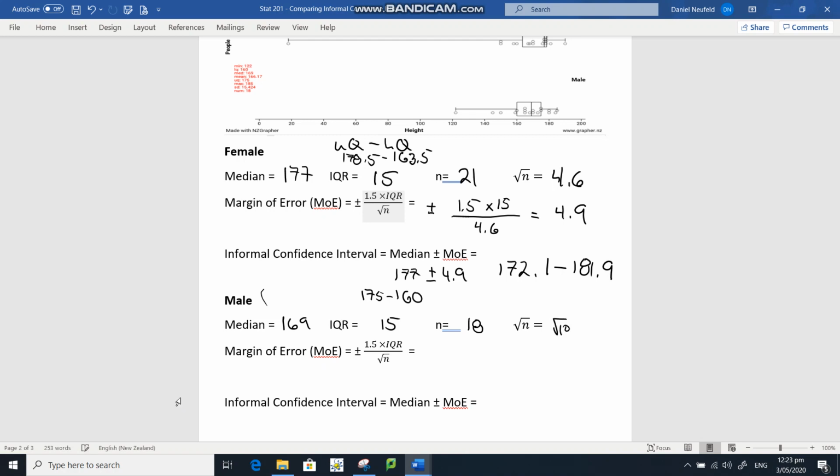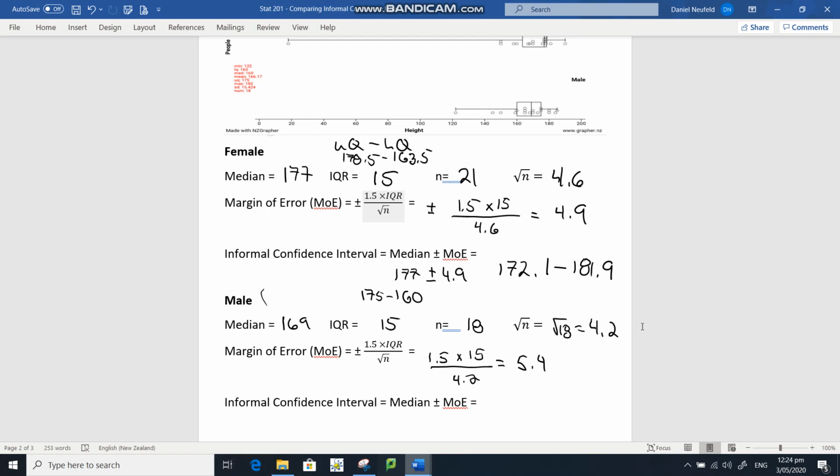Square root of 18 equals, with my calculator, 4.2. Put that into my equation. 1.5 times 15 divided by 4.2 equals 5.35. I'll go 5.4. Okay, keep it all to one decimal place.